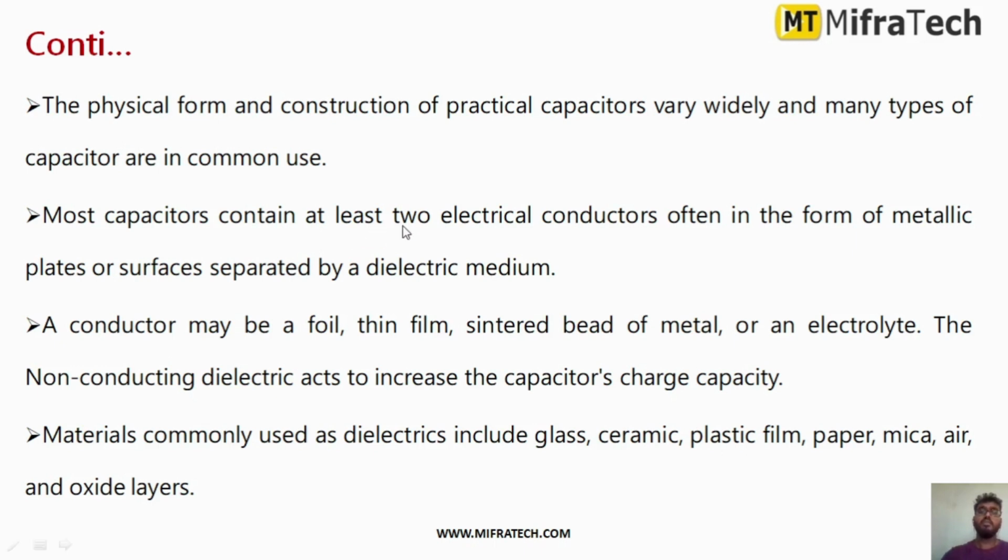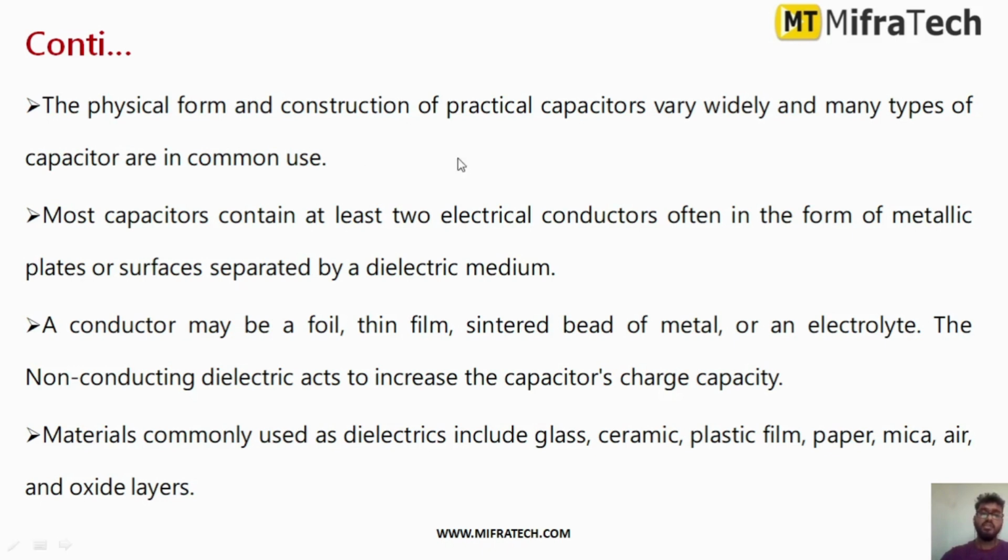The physical form and construction of practical capacitors vary widely, and there are many types of capacitors in common use. Most capacitors contain at least two electrical conductors, often in the form of metallic plates or a surface, which are separated by a dielectric medium.